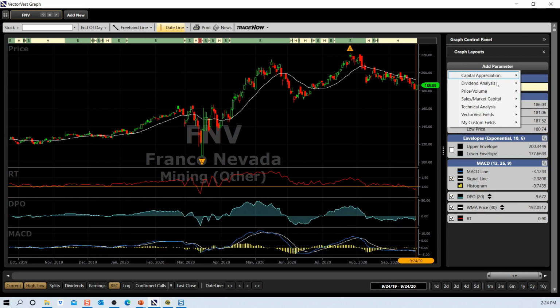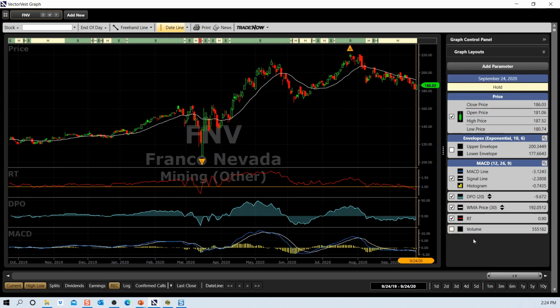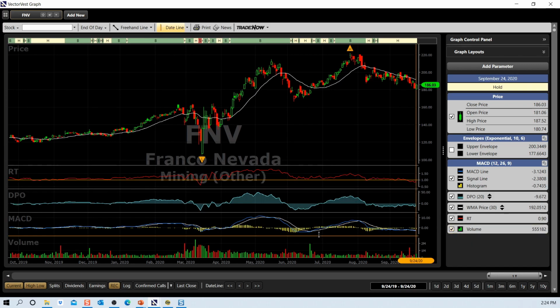I can also add volume here, which is always a good idea, although I'm not going to add it to the graph right away, but once I get closer to making a decision, I'll click on the volume just to see if there's any great volume spikes as there was back here and back here, for example.